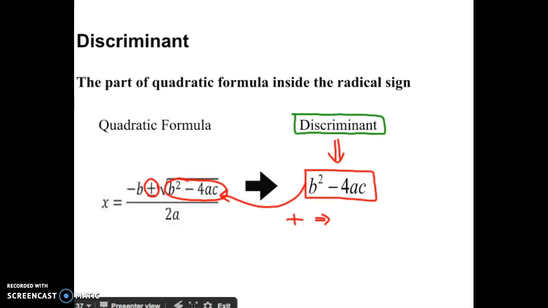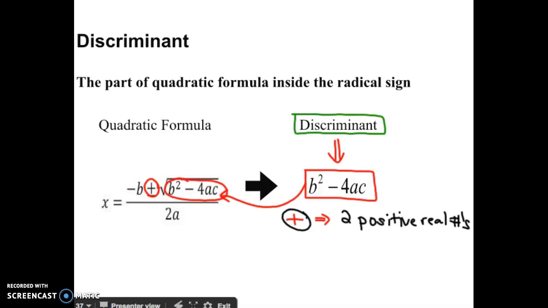So really what I'm getting is two answers with a positive number under a radical. So what that means is I'm going to have two real answers when I have a positive discriminant.